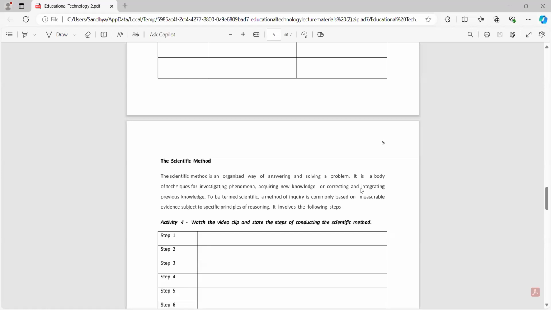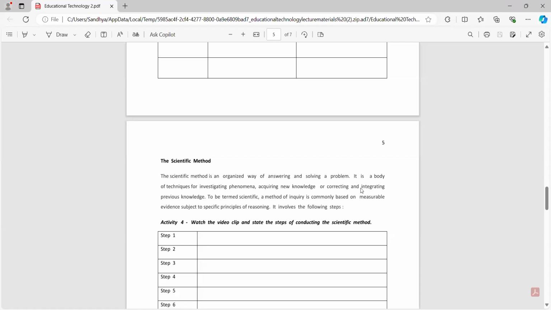So scientific method is an organized way of answering and solving a problem. Organized way, right? It is a kind of a body of techniques for investigating phenomena, acquiring new knowledge, or correcting and integrating previous knowledge.